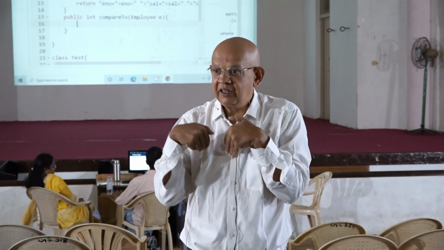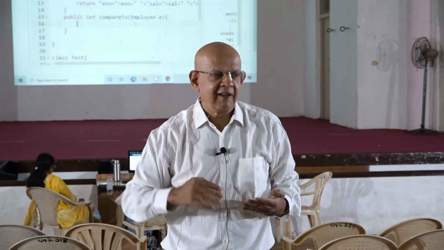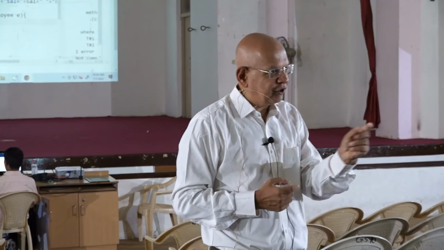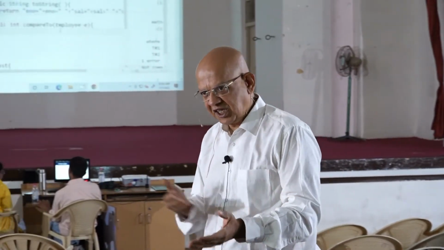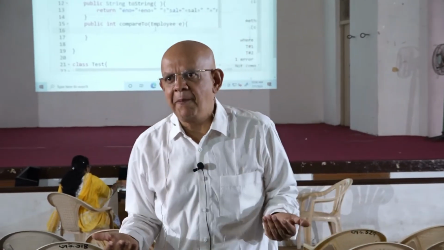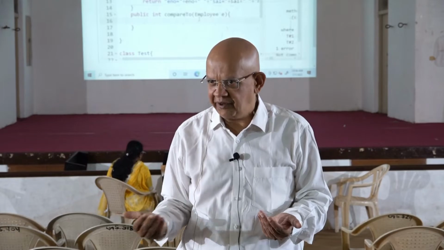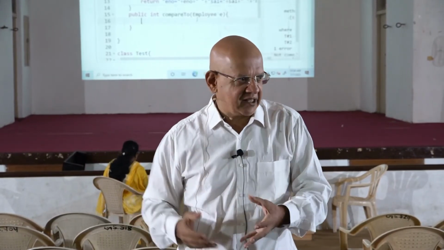It is the other object with which this object is being compared. All pairs of people have to be compared. If there are 10 people, there have to be 10C2 comparisons. Would you agree? 10C2 is the combinatorial.